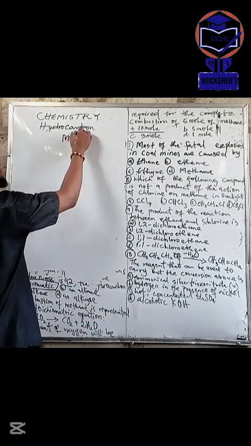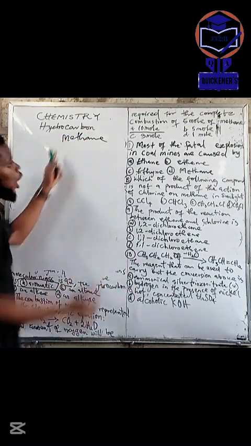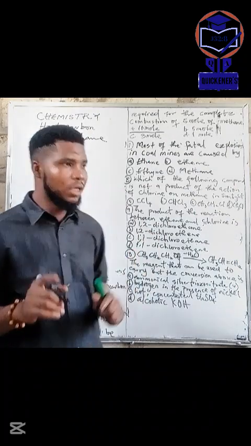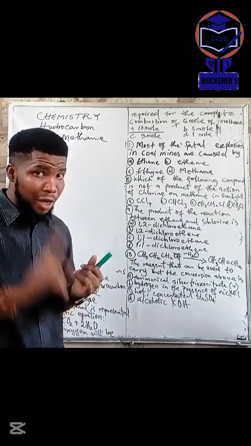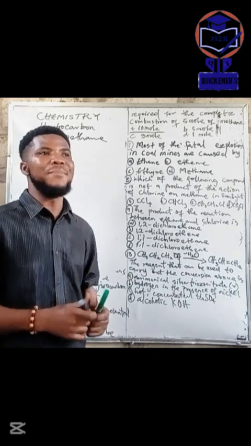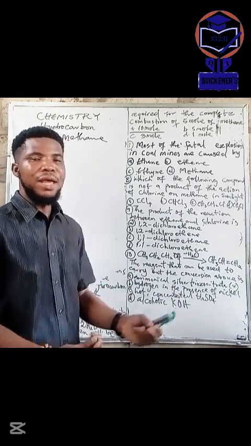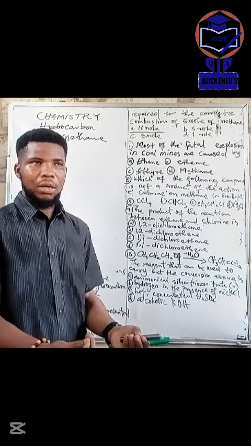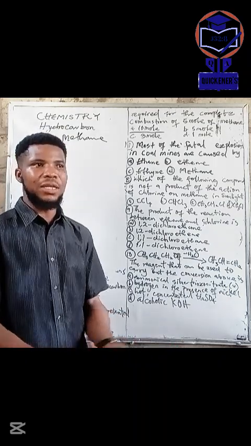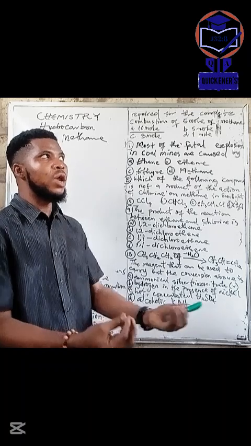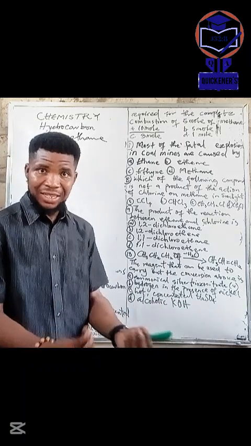One of the reasons why methane causes explosion is because methane is an odorless gas, okay? And number 2, methane can be synthesized in a marsh environment. Marshland, meaning when you have grasses, all these decaying components of plants.